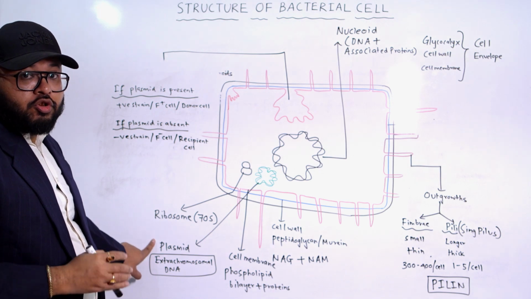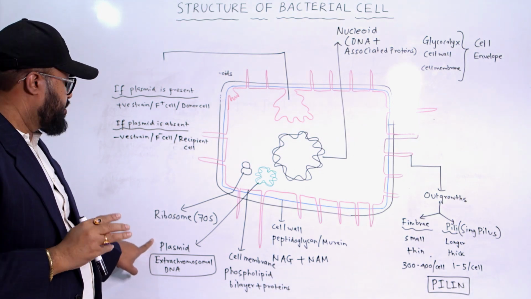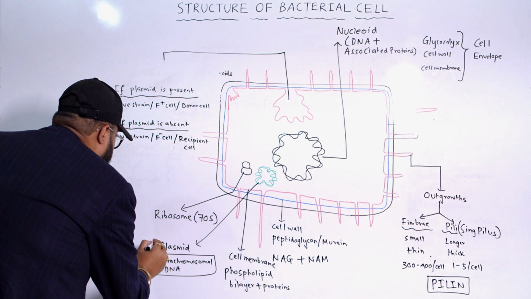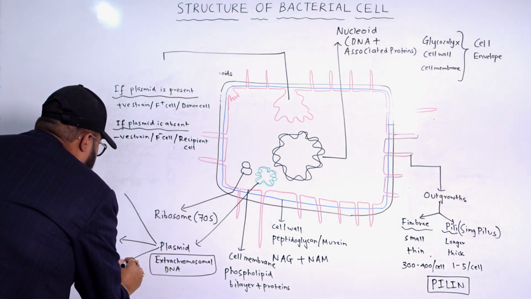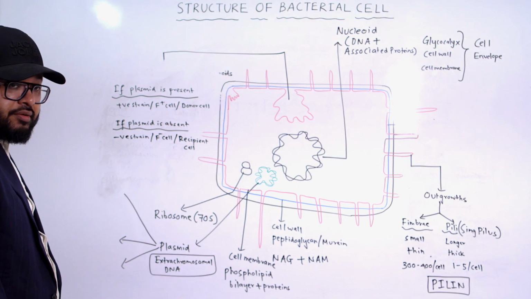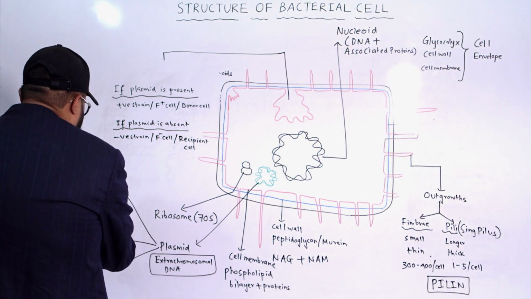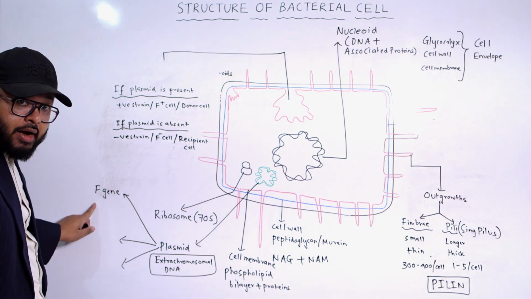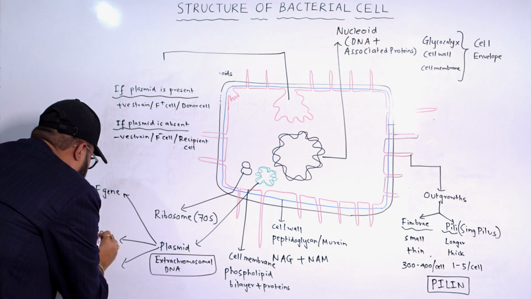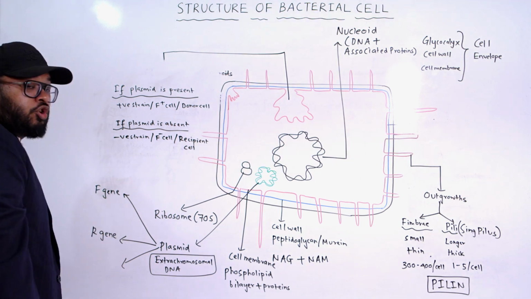Plasmids contain three important genes: F gene, R gene, and Col gene.